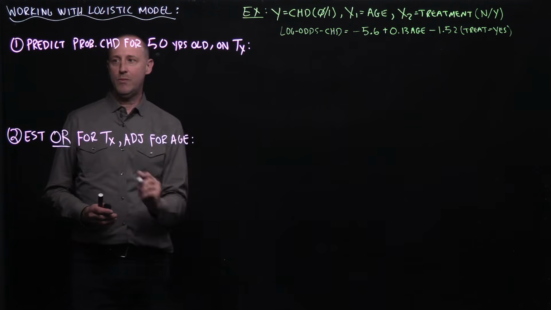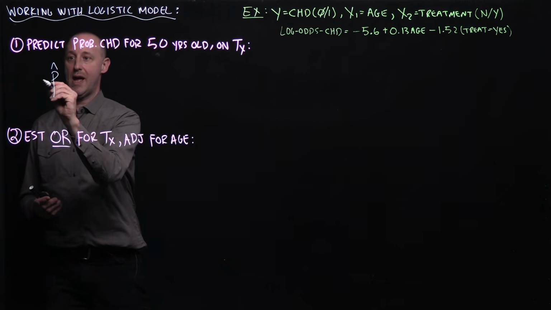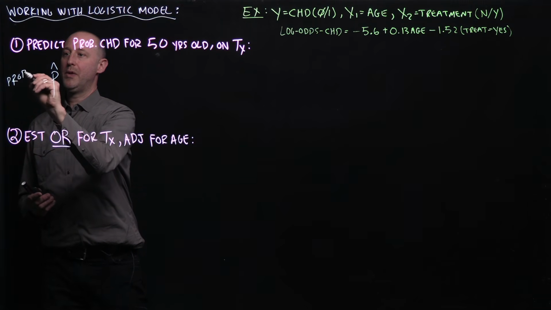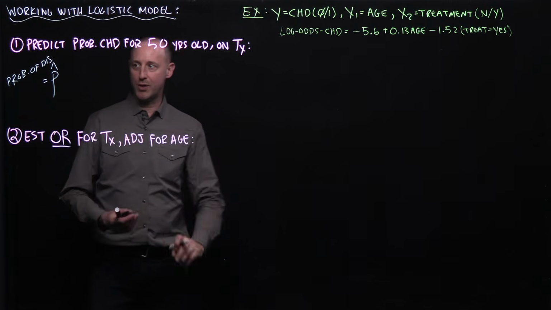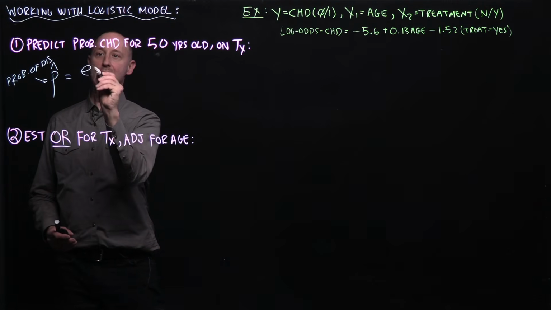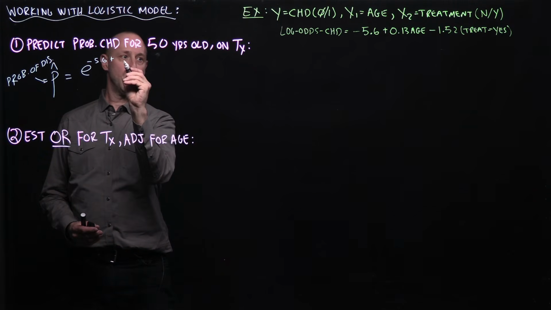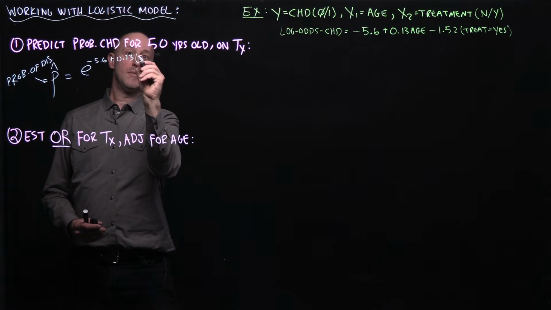A reminder that we can look at this model on the scale of p hat, which is the probability of the disease. So we're just going to shorten it by writing p or p hat. So this is e to the b naught plus 0.13 times the age.